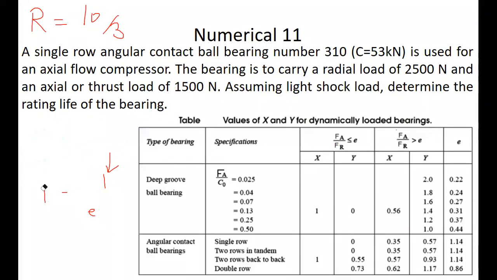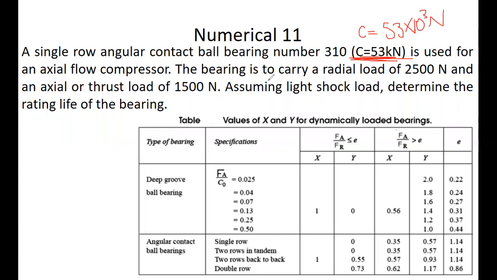So, single row angular contact ball bearing. C, dynamic load carrying capacity, or dynamic load rating, is 53 kilonewton. So 53 into 10 raised to 3 Newton is used for an axial flow compressor.